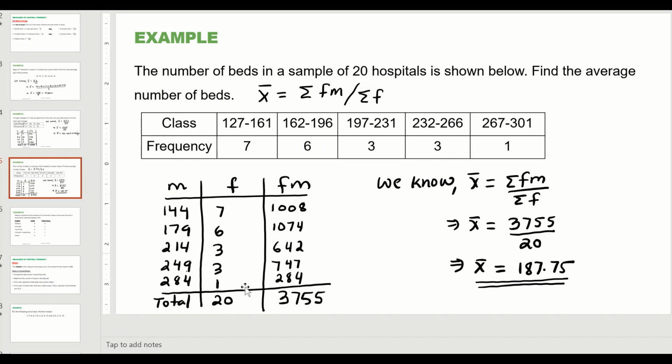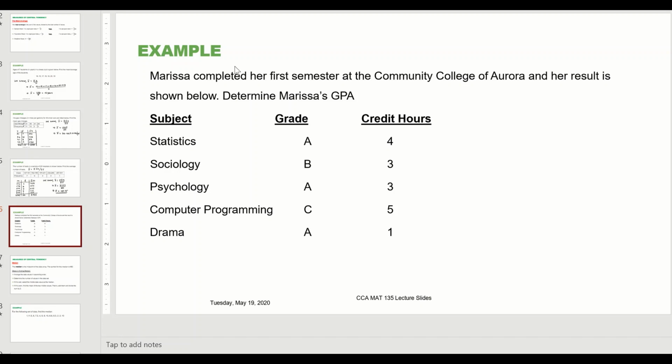Next, we are going to look at the calculation of mean for another type of problem, which involves the weighted mean. Okay, fourth example. Marissa completed her first semester at Community College of Aurora and her result is shown below. Determine Marissa's GPA. They have given the subject, statistics, sociology, psychology, computer programming, and drama, and the letter grade A, B, A, C, A, and the credit hour for each class.